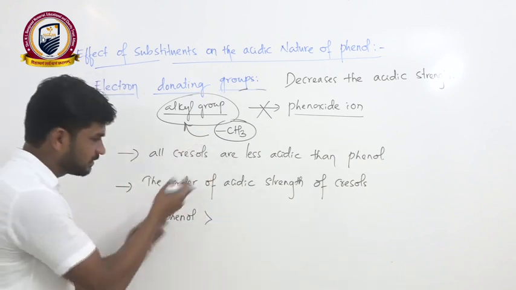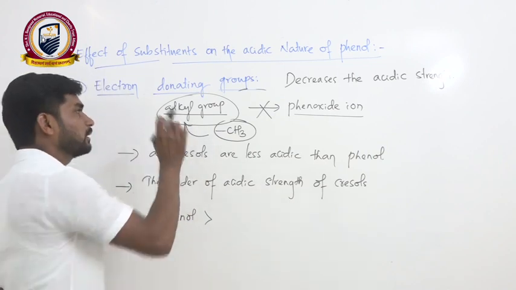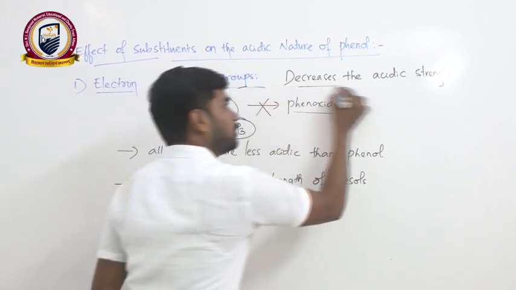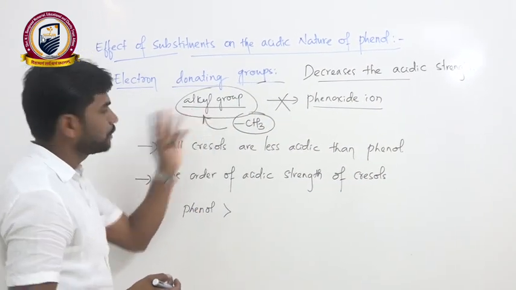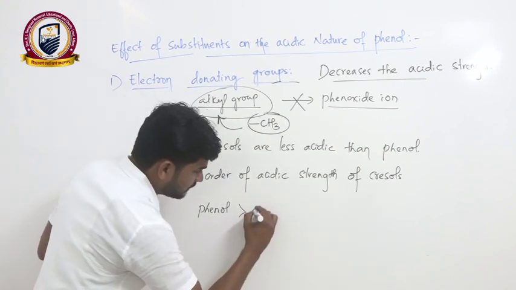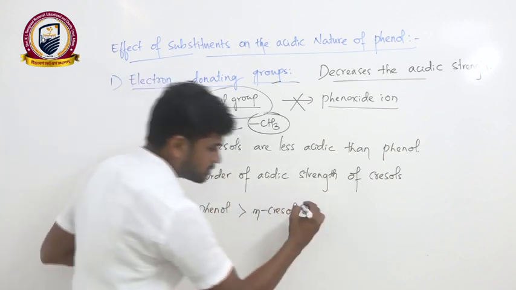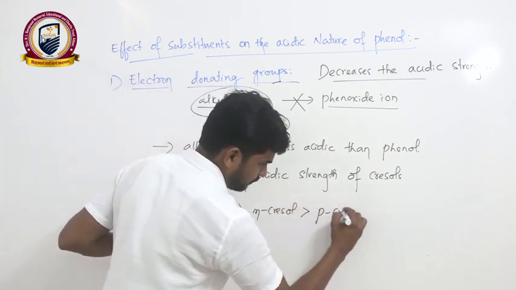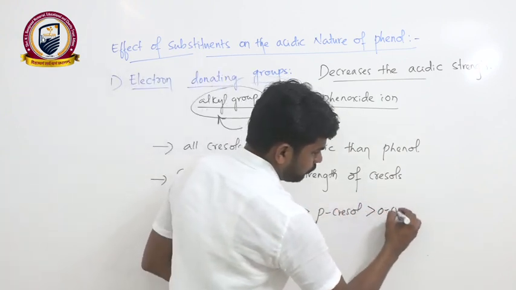Why is phenol more acidic than cresols? Because cresols have an alkyl group, which decreases the acidic strength. Phenol does not have any kind of electron donating group, and is therefore more acidic. So phenol is more acidic than metacresol, metacresol is more acidic than paracresol, and paracresol is more acidic than orthocresol.